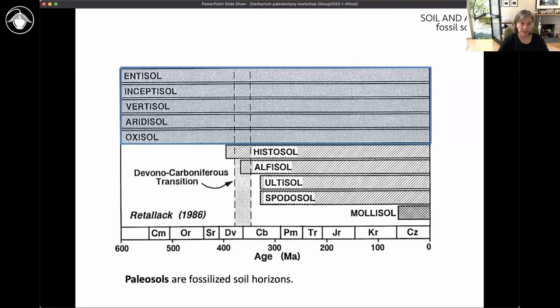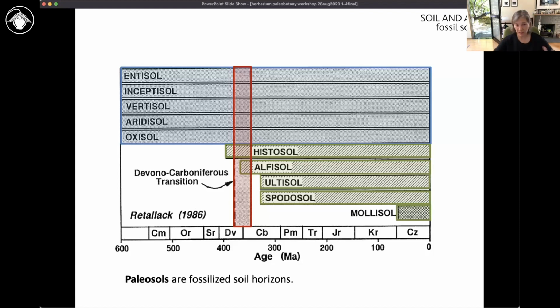These soils that are not living, or soils that do not indicate that life was needed to produce them, are in blue. So by the mid to end of the Devonian, we see different soil types appear. And one of them over here, at the top, is called a histosoil.